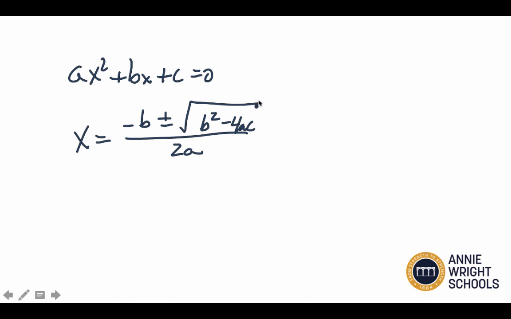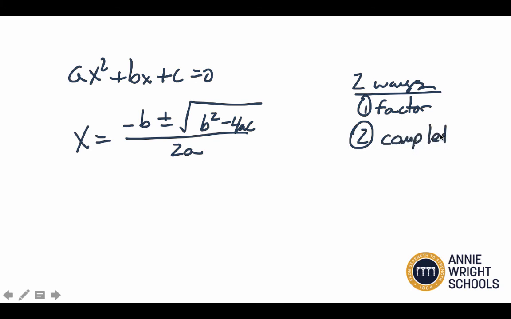Mathematically, using the quadratic formula is no different than completing the square. So there's two ways to solve a quadratic. The first is to factor, which is always easiest and a good skill to always look for. And second, to complete the square. If we complete the square on the general quadratic, we get the quadratic formula.